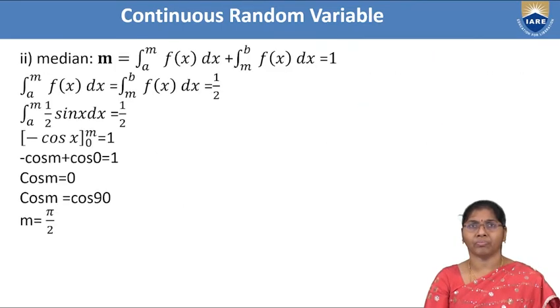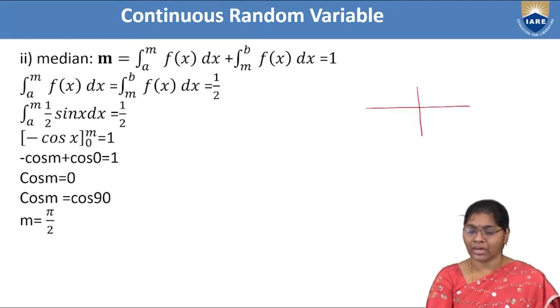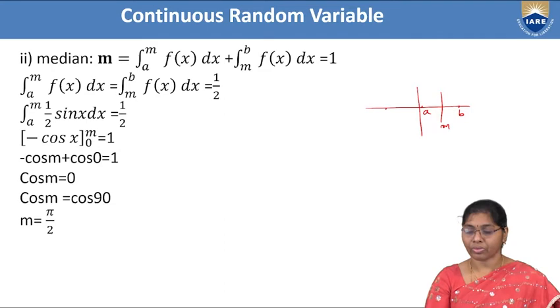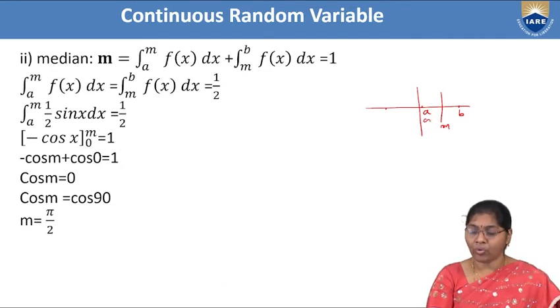What about the median? For example, we are choosing the interval A to B, and the middle value equals M. A to M is one half part and M to B is the other half part.